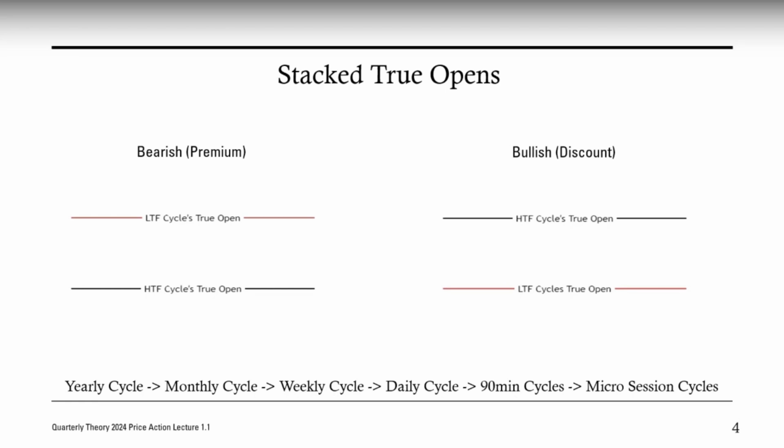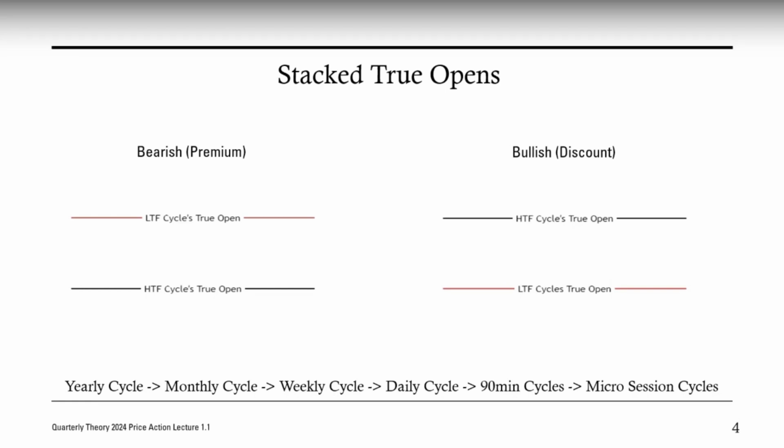So in regards to time, you can be in a discount market without even looking at higher time frame levels or whatnot. You would be looking to buy below a lower time frame cycle's true open, which is located below a higher time frame true open, right?